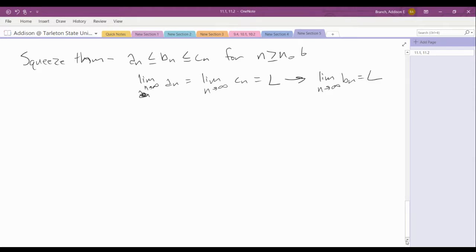There's just a couple other theorems and corollaries I want to get to before we try some examples.